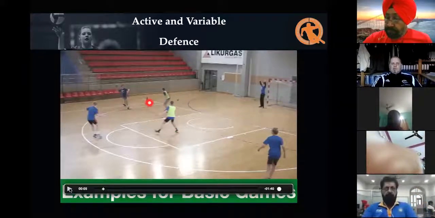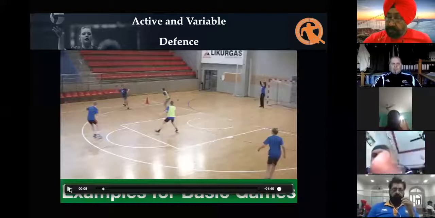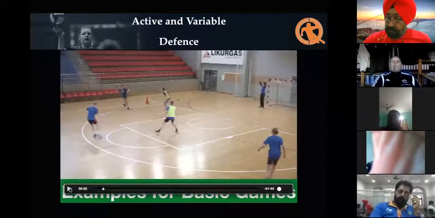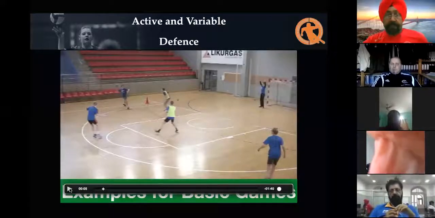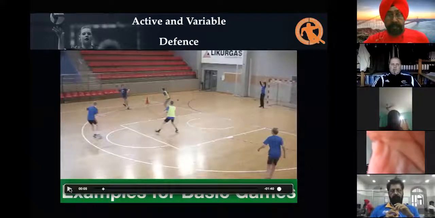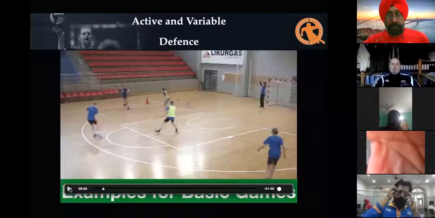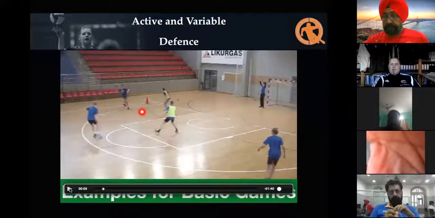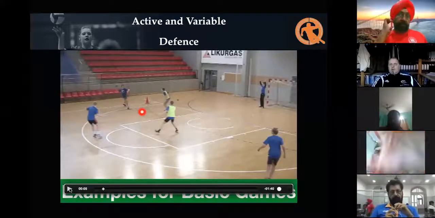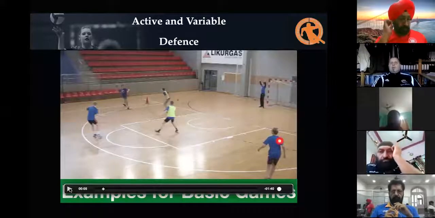Right and left side, we have a cone. It's more or less the size of a basketball court. And the special rule for the players in attack here is they have to shoot from outside 9 meters. So they are not allowed to enter the 9 meter area. We always say 9 meters is like 6 meters normally.